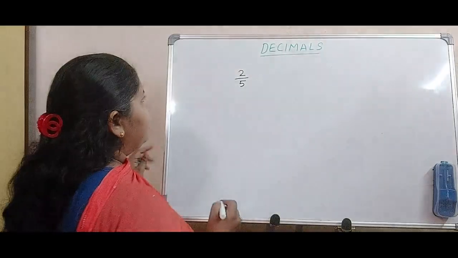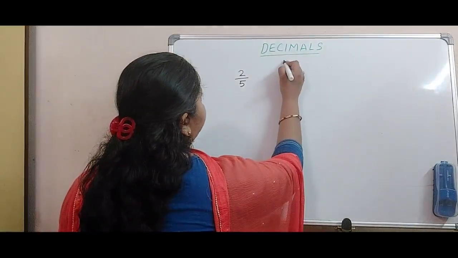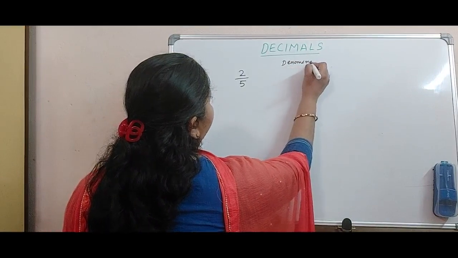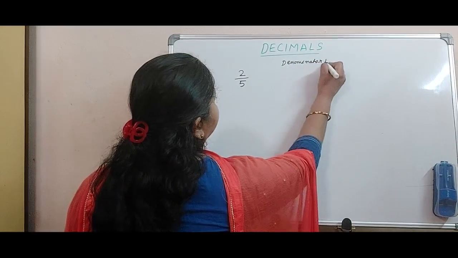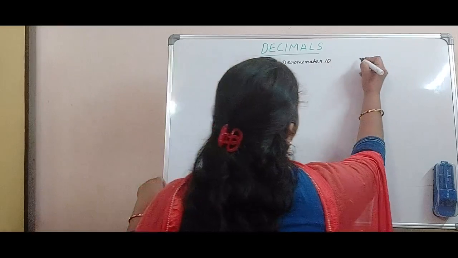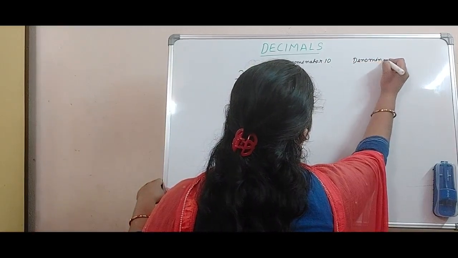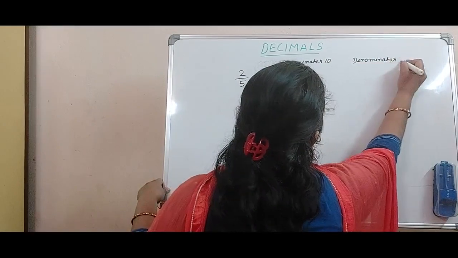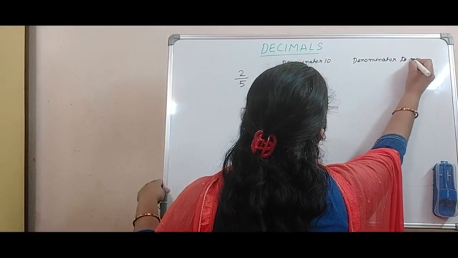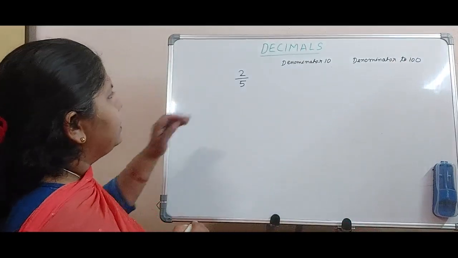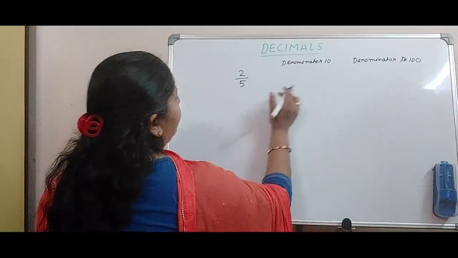So let us first convert its denominator to 10, and then we will convert the denominator to 100. First we will see how we convert to denominator 10.